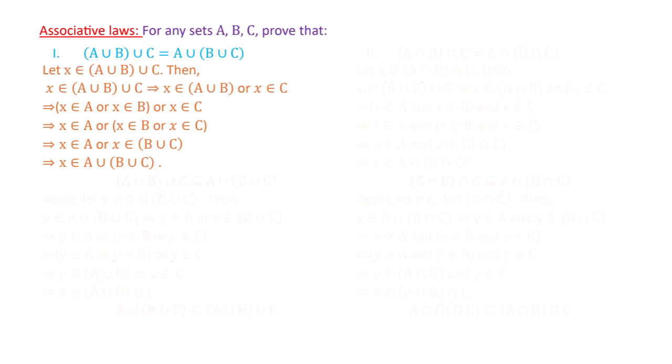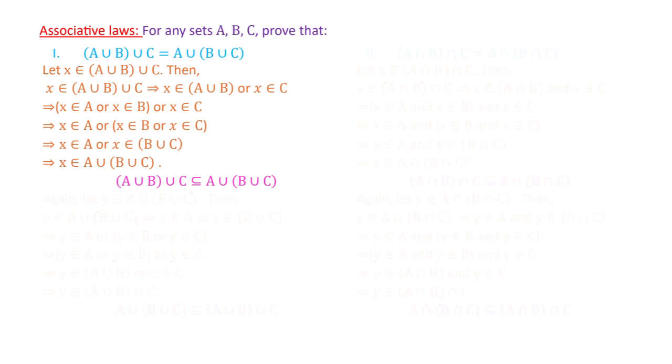So we have proved that every element of the set (A union B) union C is in the set A union (B union C). So we have proved that the set on the left is a subset of this second set.